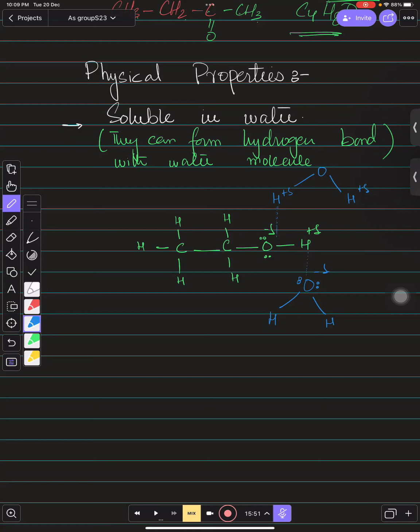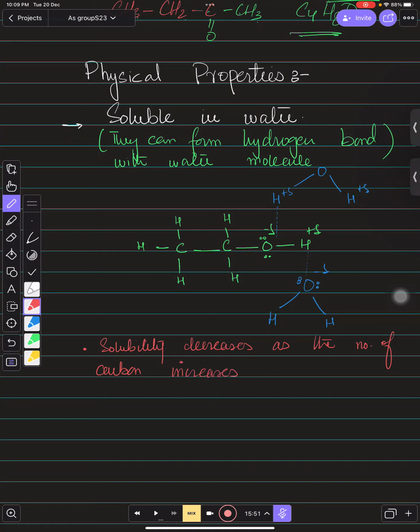Yes, sir. But you need to remember one more very important thing, that is a note for you: solubility decreases as the number of carbons increases in the chain. You must remember this.